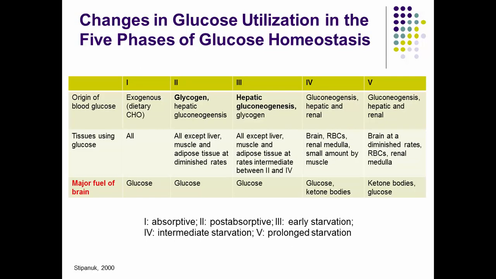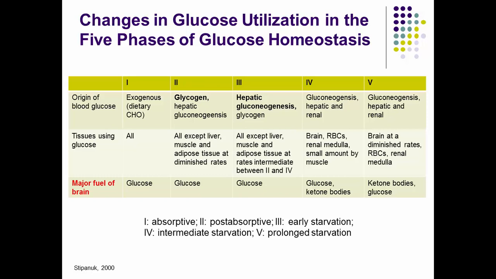And this table tells us particularly how glucose utilization changes during the 5 different phases, and in particular what kind of fuels the brain uses for energy metabolism.